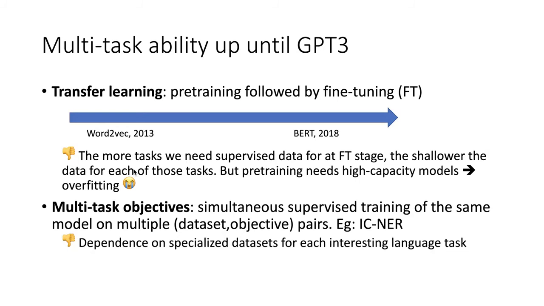A very silly example that is close to what we do is doing IC and NER with the same network. But again, the more multitasking you add to a network, the more you depend on specialized datasets for each of those tasks of interest. So GPT-3 does not approach this problem that way.